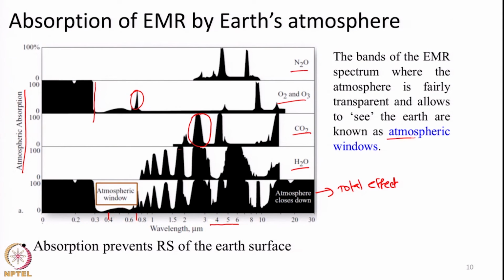Such portions where the atmosphere is fairly transparent and allows EMR to enter the atmosphere and reach the earth's surface are known as atmospheric windows. So, atmospheric windows are the wavelength bands at which EMR will reach the earth's surface.